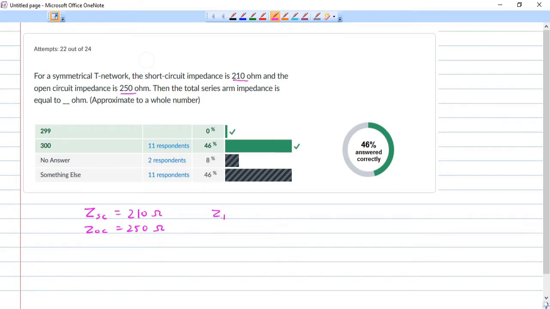So Z1 is asked. So we have the equation, that is Z1 by 2 is equal to ZOC into 1 minus root of 1 minus ZSC upon ZOC.